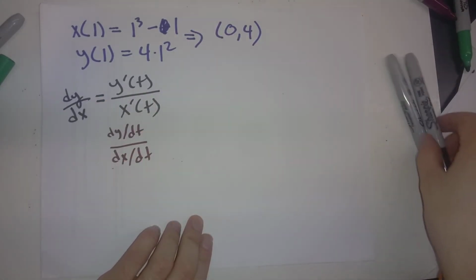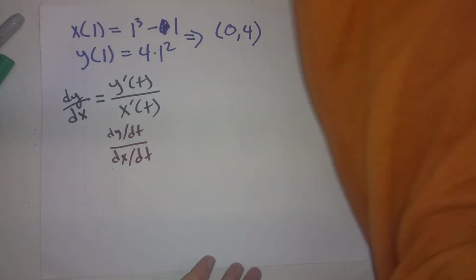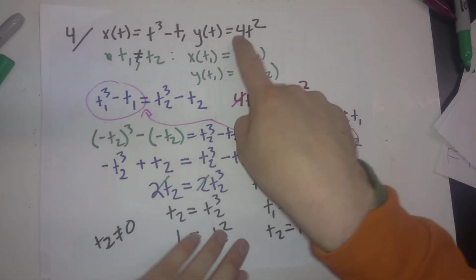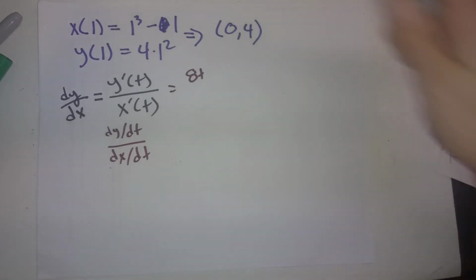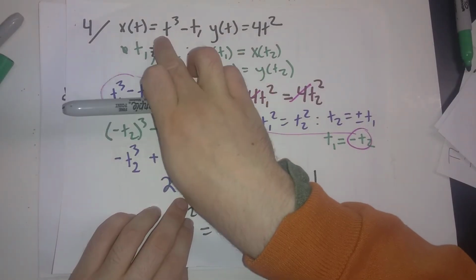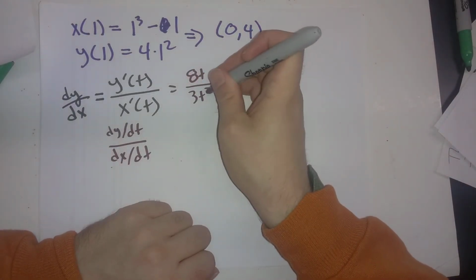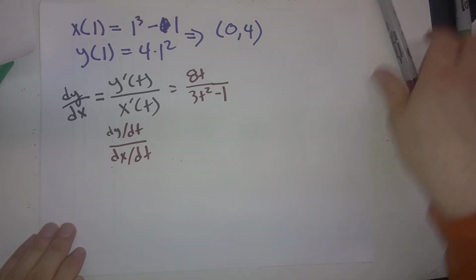That's a heuristic sketch of why this is true. And so what are y prime and x prime? Y prime is, bring down that 2, 8t. And x prime of t will be 3t squared minus 1.